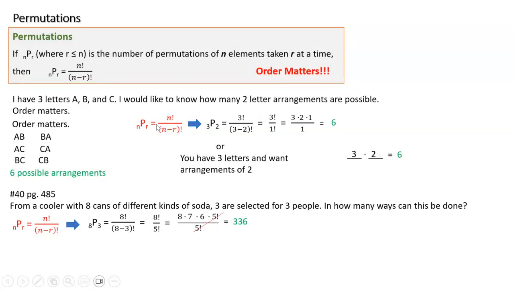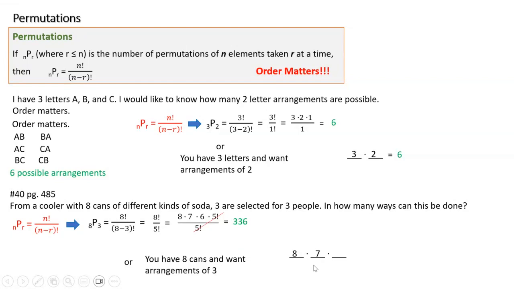Or we can do it the other way, using the same thing in 2 different ways. You have 8 cans and you want arrangements of 3. So we're going to put 3 blanks here, 1, 2, 3. There are 8 different kinds of sodas, so how many can be picked first? It's going to be 8. But if you notice, whatever soda we picked cannot be picked again because I already picked it.